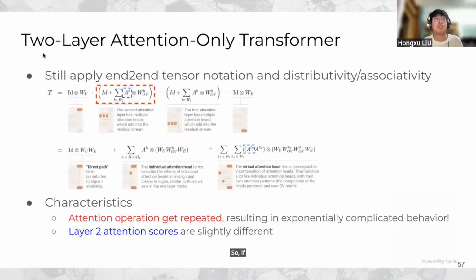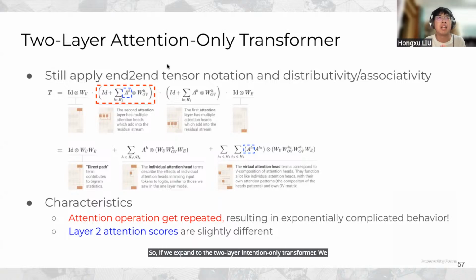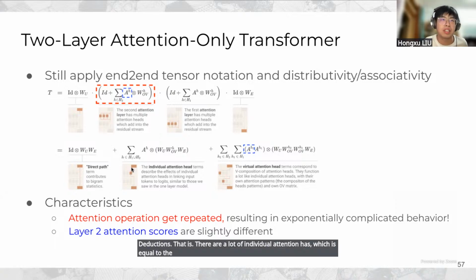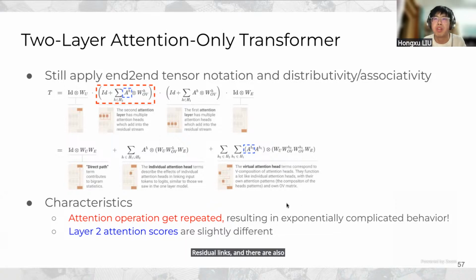If we expand to the two-layer attention-only transformer, we just apply the tensor notation once again, and we get the following deductions. There are a lot of individual attention heads, equal to the one-layer transformer since there are residual links, and there are also some virtual attention heads that are a composition of two attention heads.